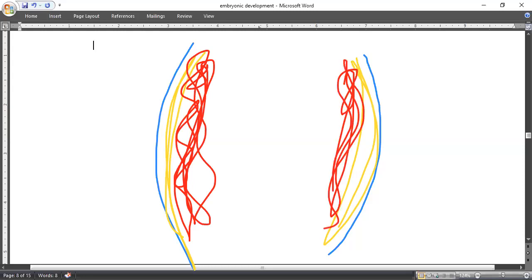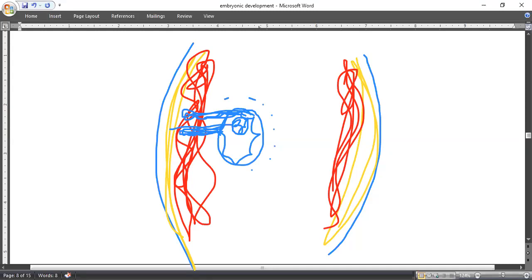So the blastocyst is here, and the trophoblast cells are trying to enter. In the meantime, you need to understand that the zona pellucida around it has disappeared. Just before the implantation, the zona pellucida disappears and the trophoblast, by proteolytic enzymes, starts penetrating into the endometrium layers of the mother.